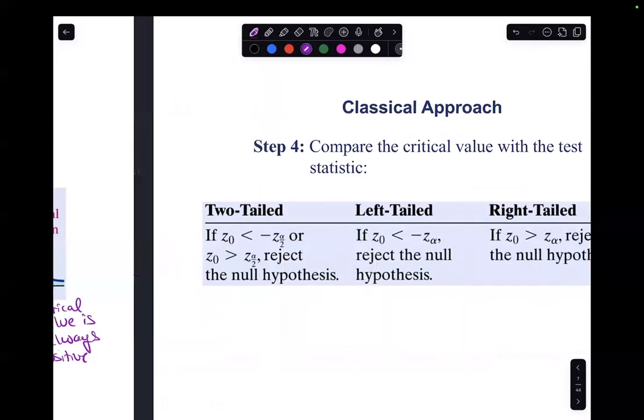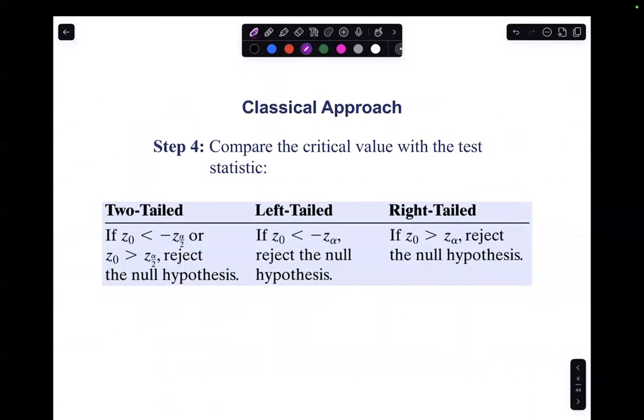Okay. All right. So our classical approach, you're just going to compare the critical value with the test statistic. So I'm gonna do a left-tailed test on my drawing. That's really ugly. Let's try this again. Okay. So I'm going to do a left-tailed test just because.